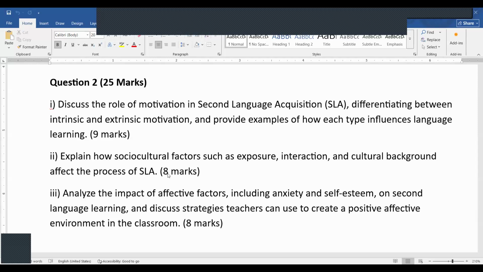But if a student is not motivated internally, teachers can even use extrinsic factors to motivate the student. Teacher can say, I will give presents for those who get high marks, or something like that. So these are very practical questions. The only thing you need is the basic knowledge.